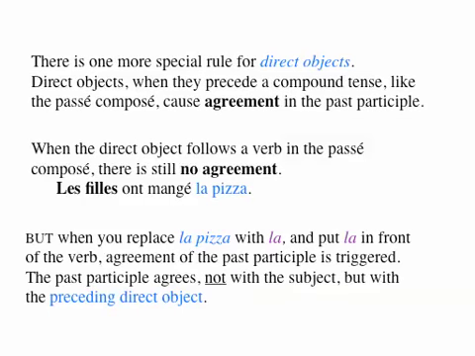The past participle agrees not with the subject, not with les filles, but with the preceding direct object, la pizza. It looks like this. Les filles l'ont mangée, where we replaced la pizza with l', and then we added an e to show that agreement with the preceding direct object pronoun.